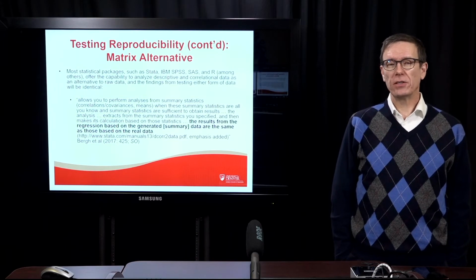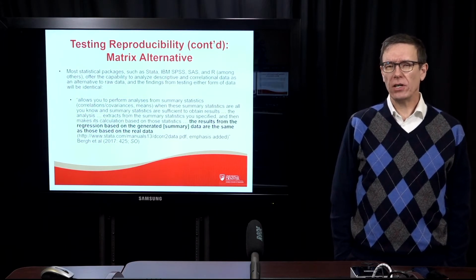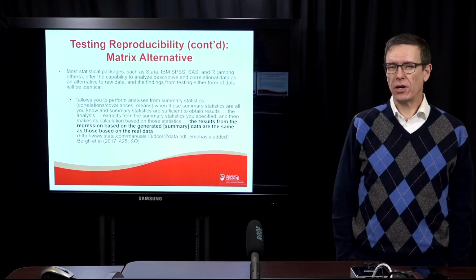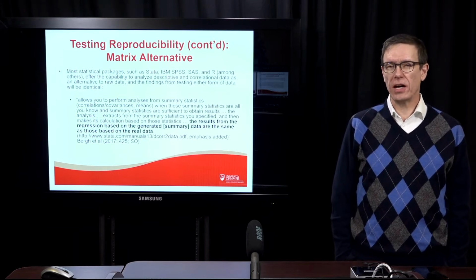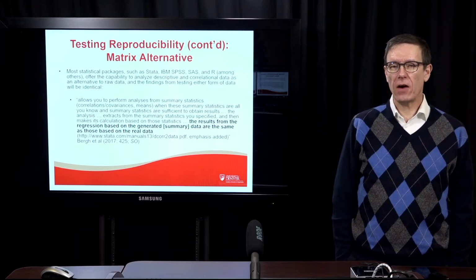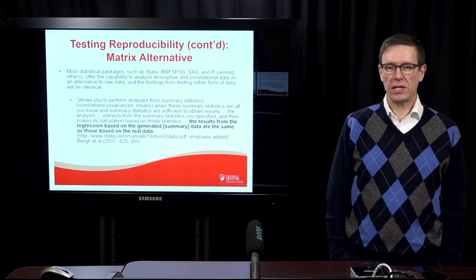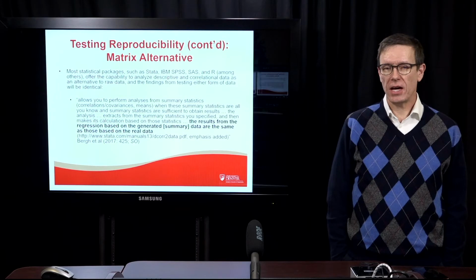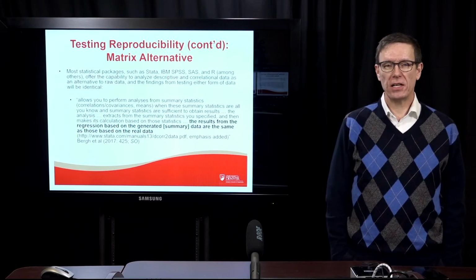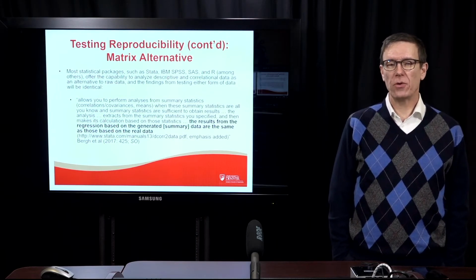When you learn about those packages in detail, you learn that they aren't exclusively limited to analyzing raw data. They also have a matrix read format that allows you to read a matrix in. And again, that allows us to test the matrix data just the same as we would the original data.